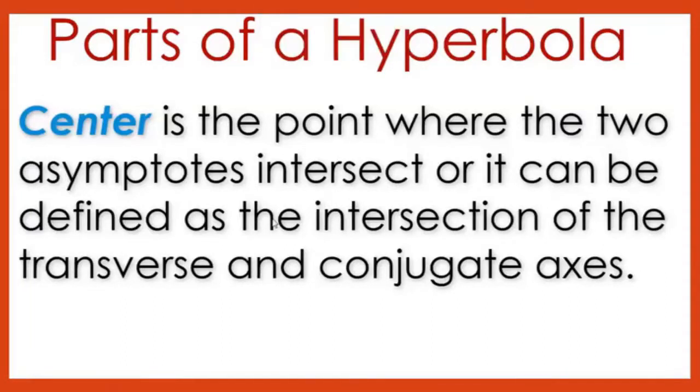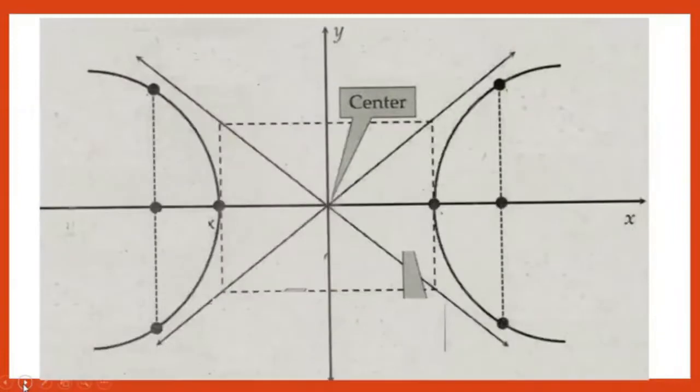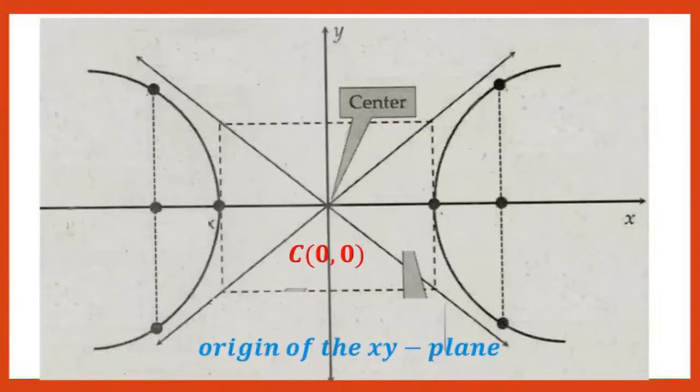So I have here an illustration showing the center of a hyperbola. So ito yung center niya. Kataon, yung ating hyperbola, center niya is located at 0, 0, or the origin of the xy plane.